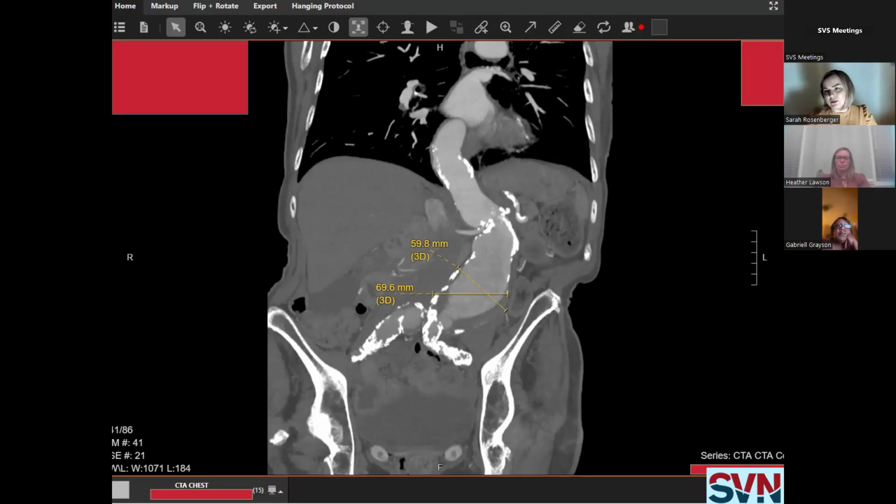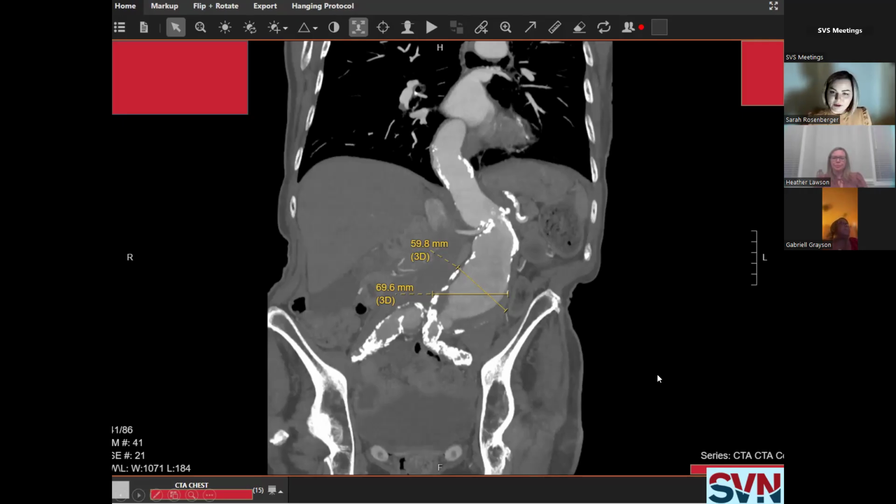We get a lot of patients referred to us with a 5.6 centimeter aneurysm, and it's actually really 5.1, and it's just lopsided. So, certainly those patients should be connected to a vascular surgeon, and they should be followed. But they don't necessarily need surgery as emergently as sometimes the lay person or the radiologist or the PCP thinks.